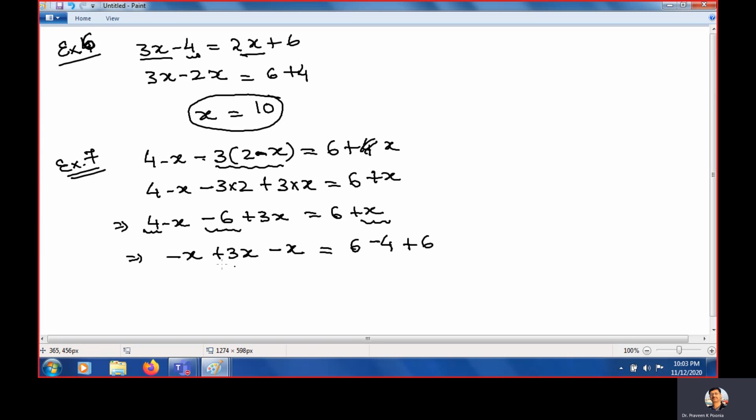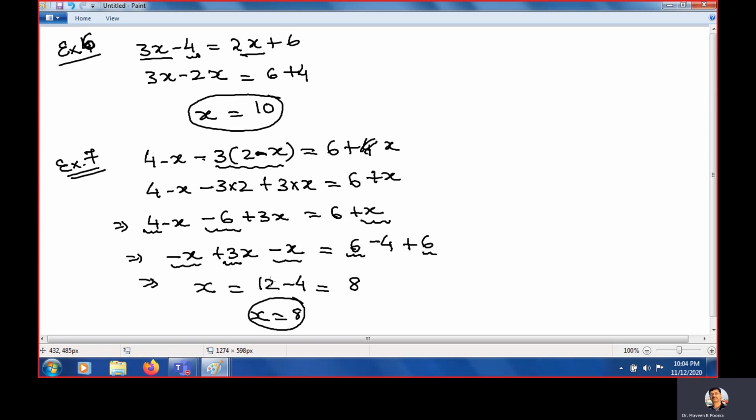If you simplify, here it is how much? 3 positive, 1 negative, 1 negative. So 3 minus 2 negative is 1 positive x is equal to. And here positive, how much? 6 plus 6 is 12, negative 4, 12 minus 4 is 8. So what is the value of x? The value of x is 8.